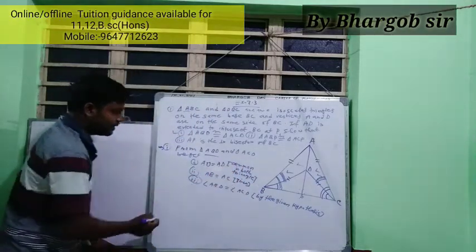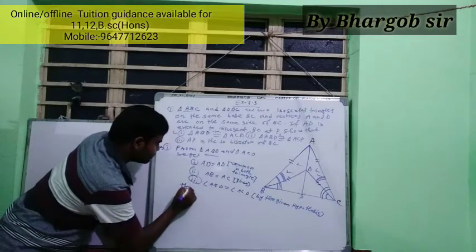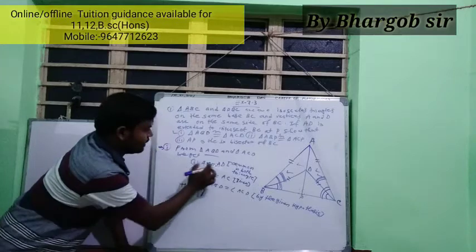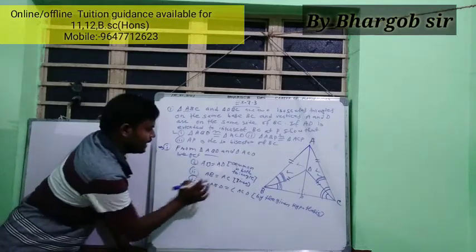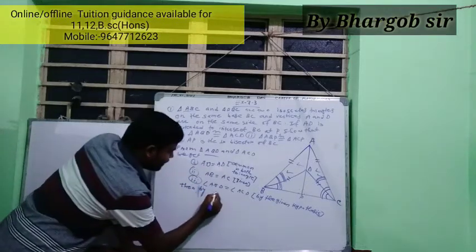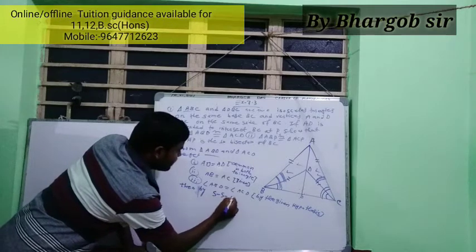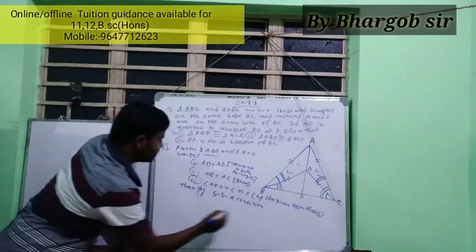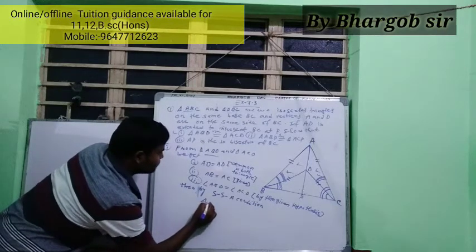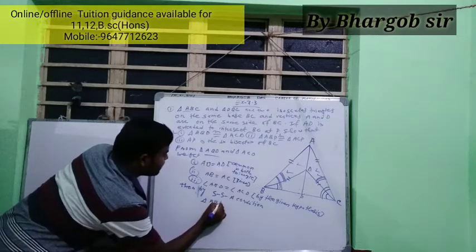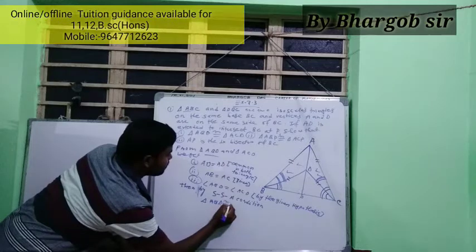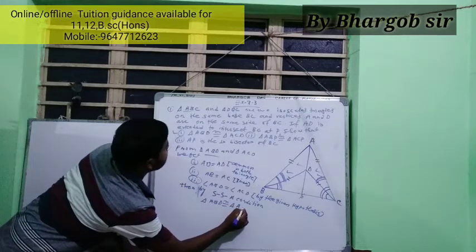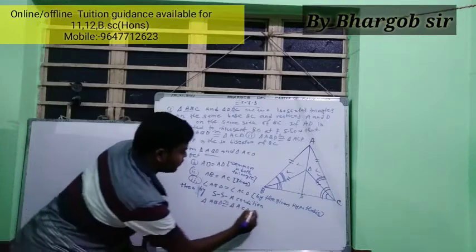Then by this side and this angle, by SAS condition, triangle ABD is congruent to triangle ACD. Proved.